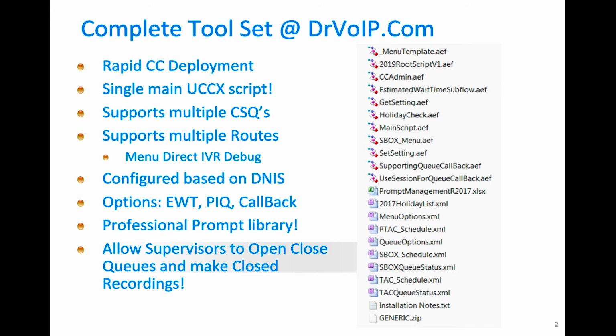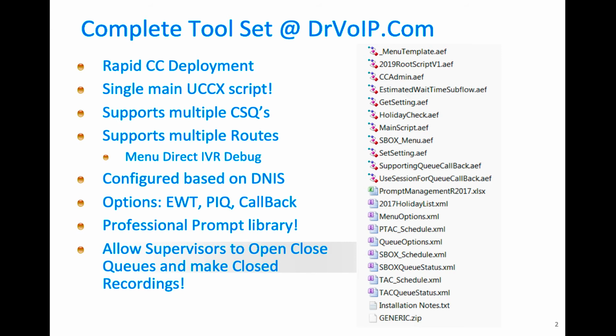The holiday check script, this is a classic in the Cisco community. We offer you the opportunity to use that, or we have an embedded holiday strategy that I like better than the holiday script external list of holiday closures, because the way we do it enables you to address half days, and that's typically very important.